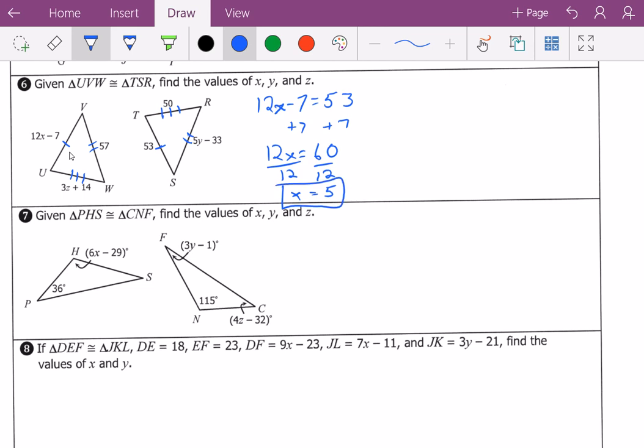We do the same thing for Y. We got 5Y minus 33. That matches with 57. So we're going to add 33. And that gives me 5Y equals 90. Divide by 5. And Y equals 18.